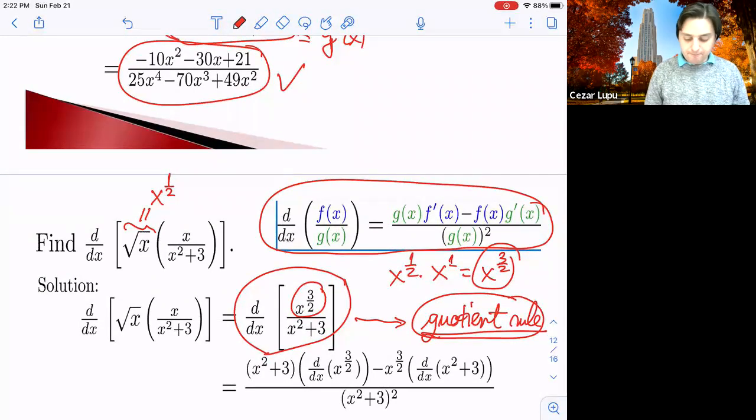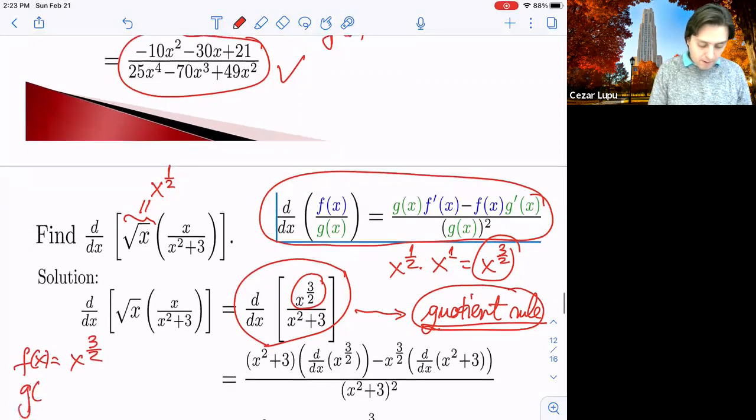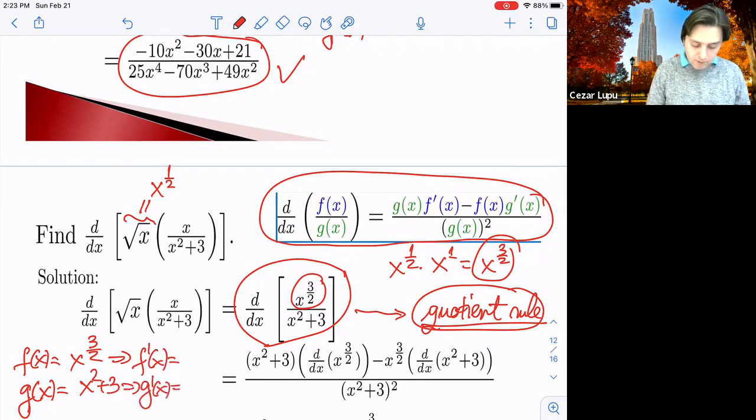My function f here is x to the 3/2, and my function g here will be x squared plus 3. So let's write f prime and g prime. g prime will be 2x, and f prime will be 3/2 times x to the power 3/2 minus 1, which is 1/2.